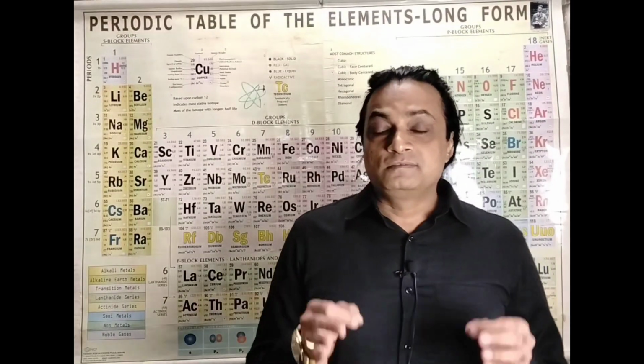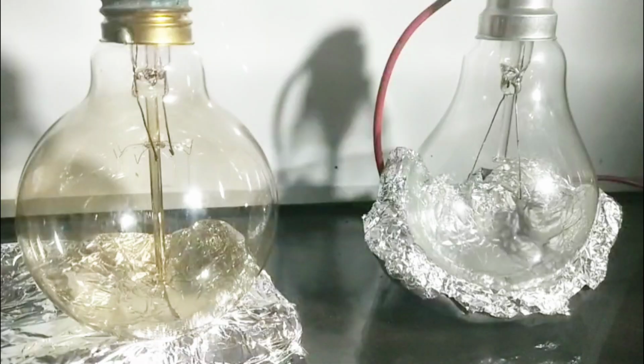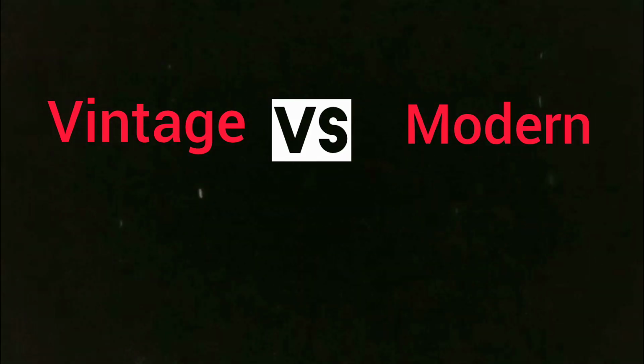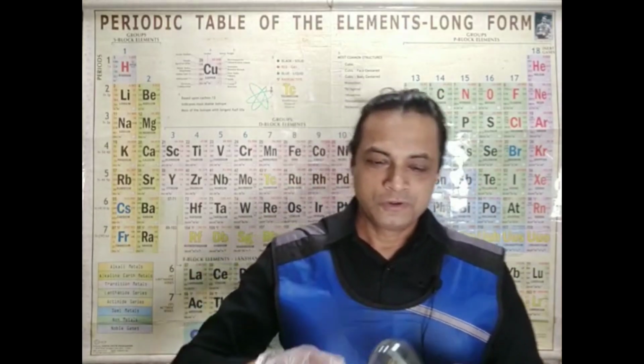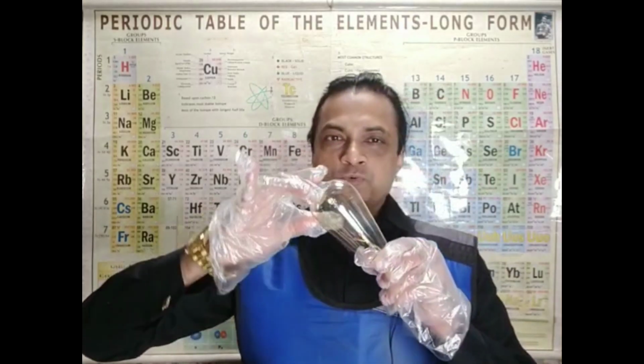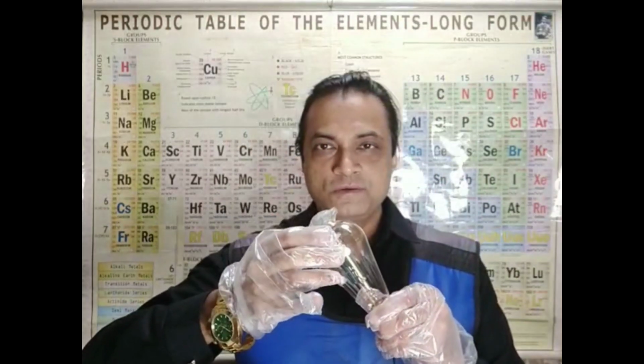So the pressure difference and the voltage applied, that changes everything. See another comparison between a vintage bulb and a modern incandescent bulb. So the beautiful glass wall fluorescence and extremely harmful X radiation.